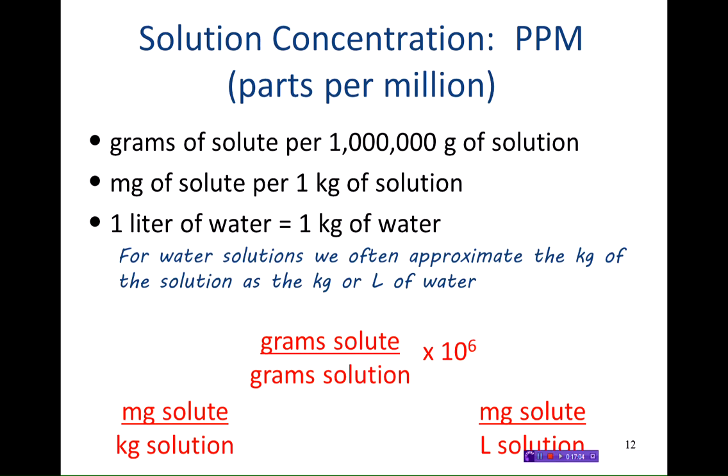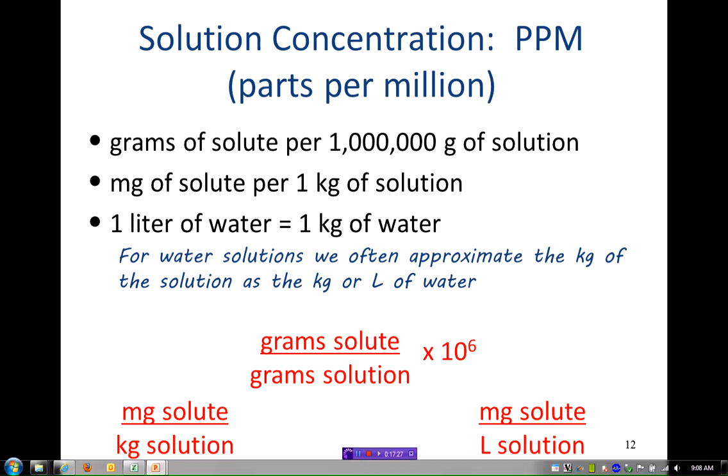Now I want to take a look at solution concentration in parts per million, or ppm. This is the grams of solute per 1 million grams of solution. Or another way of looking at this is milligrams of solute per 1 kilogram of solution. So we've still got the same ratio.